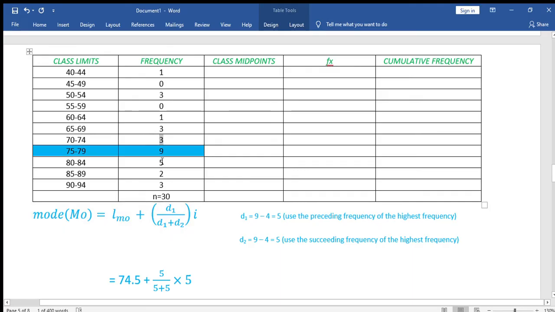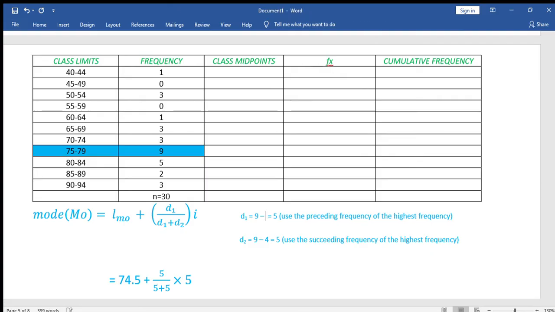Then, D sub 2 is getting the difference between your highest frequency and the succeeding frequency. We have 5. So here, we have 9 minus 3, which is equal to 6. Then next, we have 9 minus 5, and that is equal to 4.